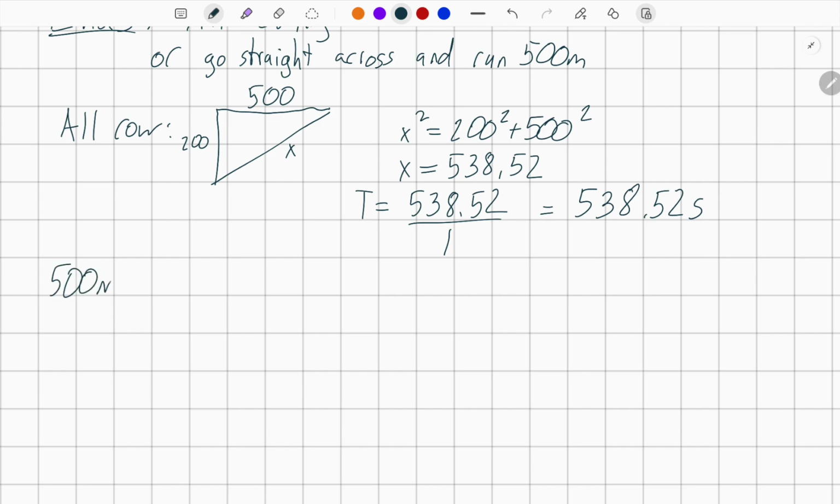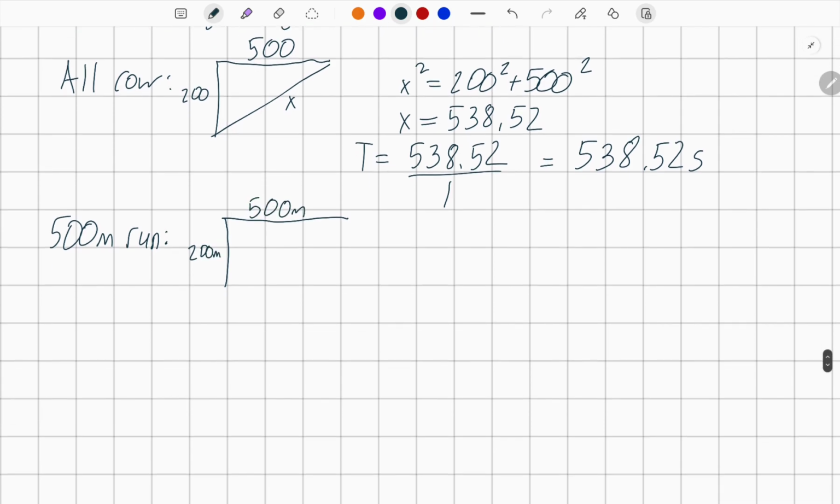Now, 500 meters running. I'll just call this second option. So in this case, we're going up 200 meters and across 500. So what's happening in terms of time? Well, in terms of time, the rowing is going to take 200 over 1. So this is the rowing. And in terms of the running, well, we're running for 500 meters, and that's going to be at 2 meters per second.